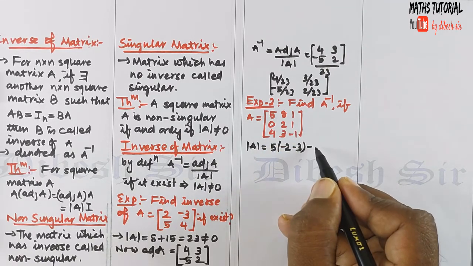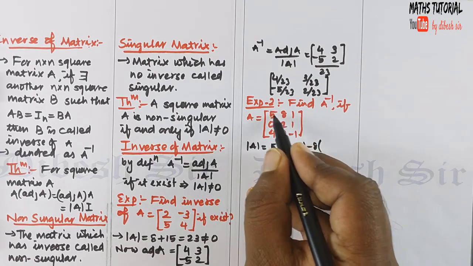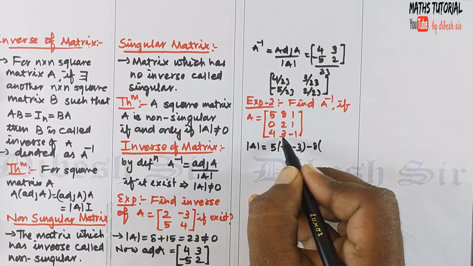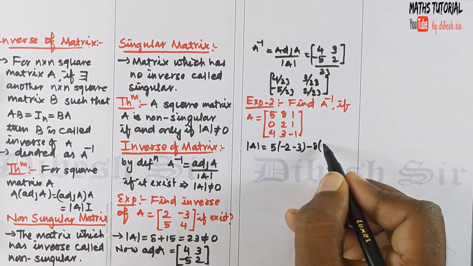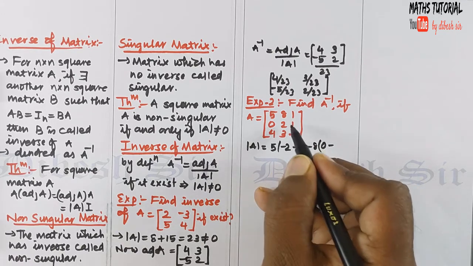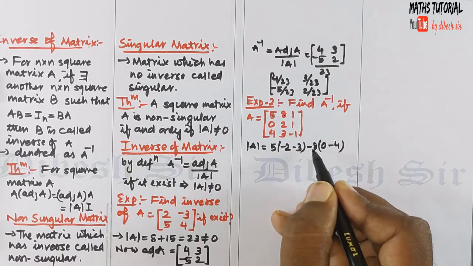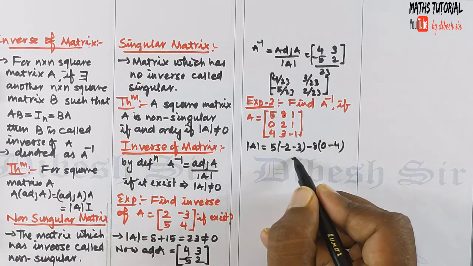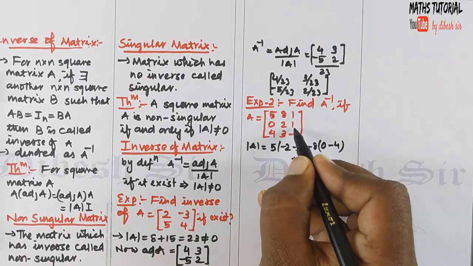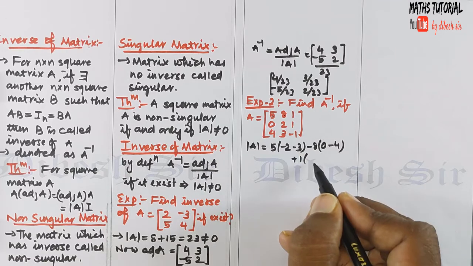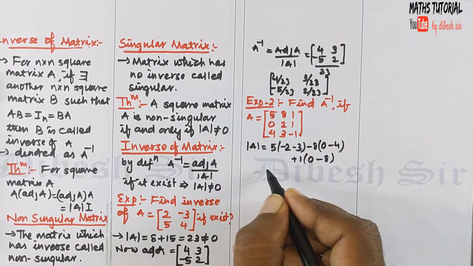This is minus 8 into, close first row and second column, that is 0 into minus 1, 0, minus 4 into 1, 4. Plus 1, close corresponding row and column, that is 0 into 3, 0, minus 4 twos are 8.